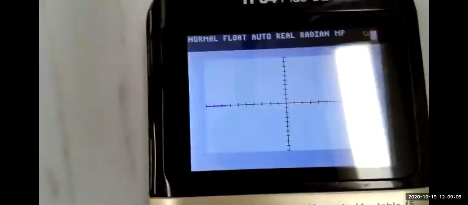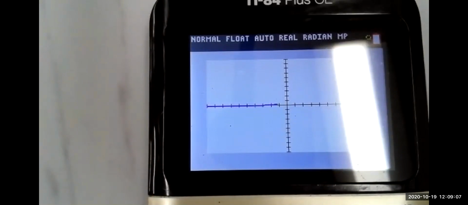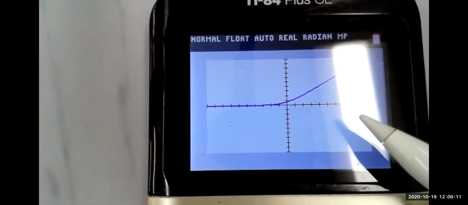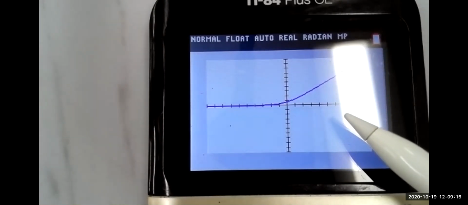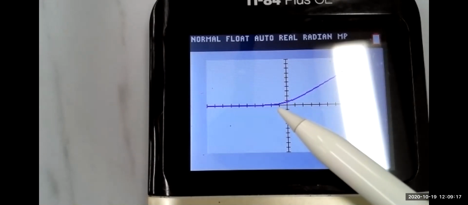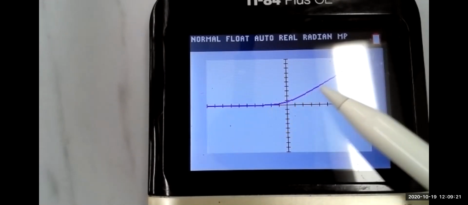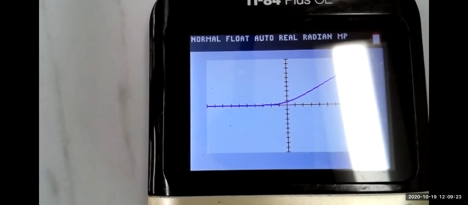Okay. So anyway, if I graph this function, what I want you to notice is that the x-axis remains asymptotic to this thing. So the limit as we go to negative infinity is going to be 0, and as we go to positive infinity it is going to be infinity. Just keep that in the back of your mind.